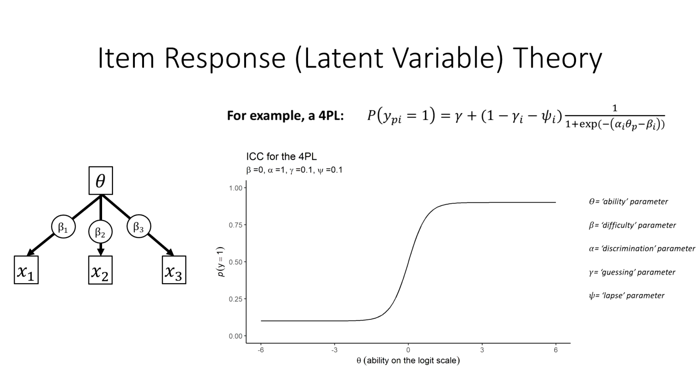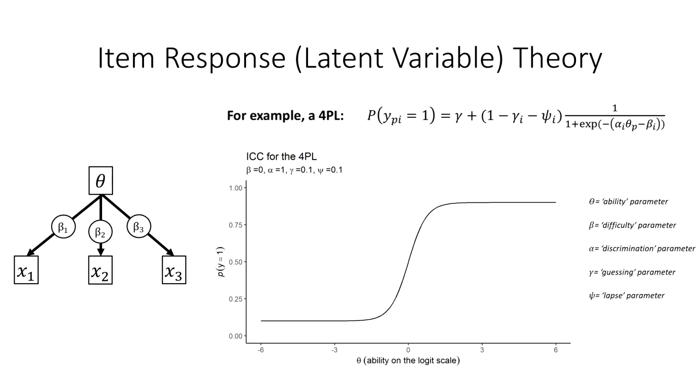So, for example, in this case, we have something called a 4-parameter logistic model. Again, you don't need to understand the maths itself, but essentially what we have is a plot there that demonstrates visually how something like a test operation that would fit a 4-parameter logistic model would look. On the x-axis, we have degrees of the underlying latent ability characteristic from the individual that we're interested in.